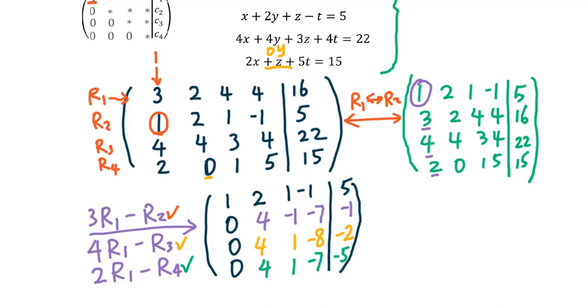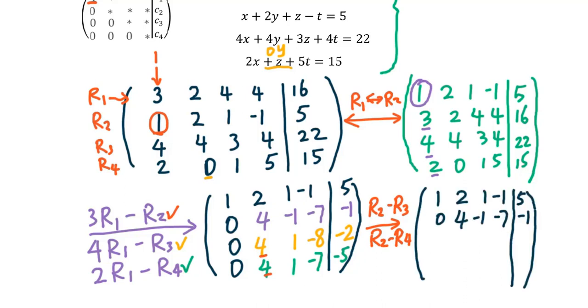Then your next step, you will make this 2 equal to 0. We can use row 2 minus row 3 and also row 2 minus row 4, so that you get this 2 as a 0.